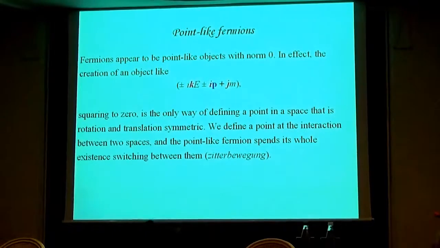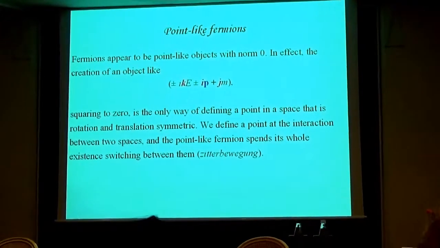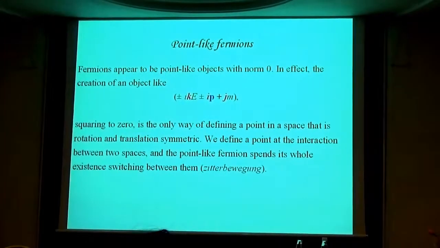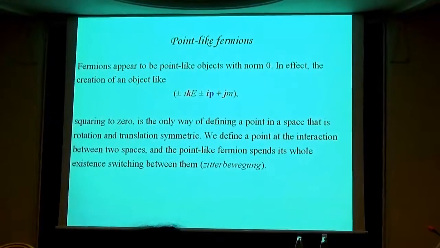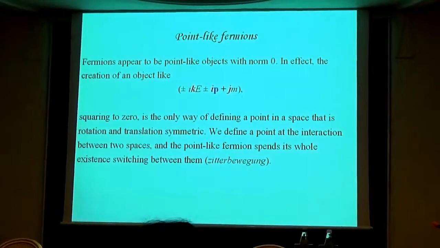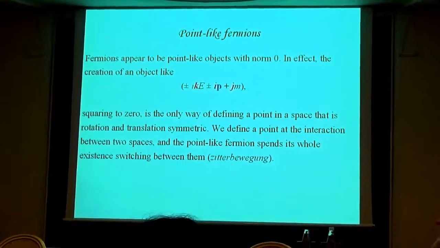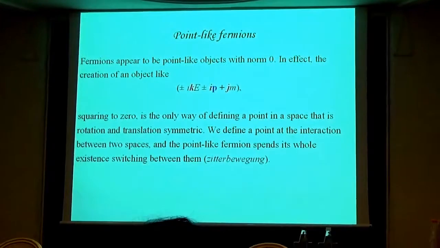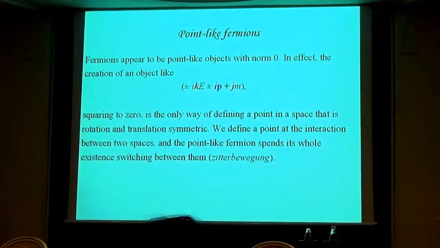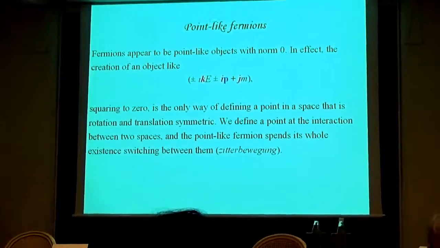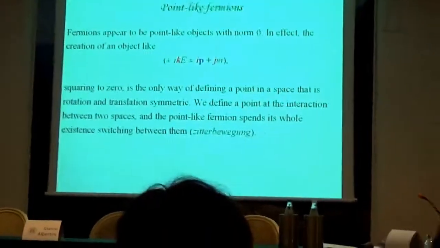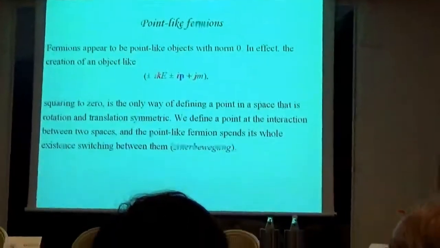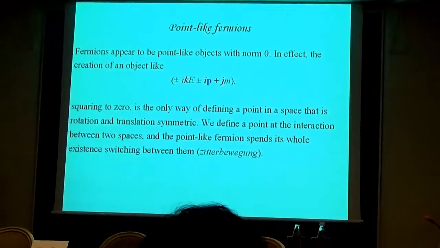So, if you like, for fermions, the Pythagorean addition adds up to 0. It is a point in this dual space, if you like, and it couldn't be a point in our space, because there's no point in our space, there's only points in this dual space. And interestingly, we define a point as the interaction between 2 spaces. We do that in the conventional Dirac equation. We assume that the point particle is switching between our space and vacuum all the time.